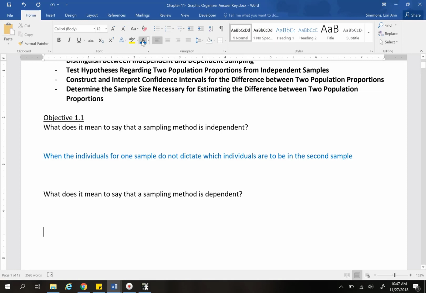And then what does it mean to say that a sampling method is dependent? This is when the individuals selected to be in one sample are used to determine the individuals in the second sample.